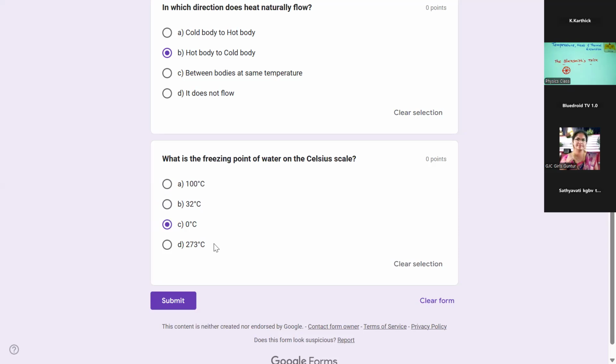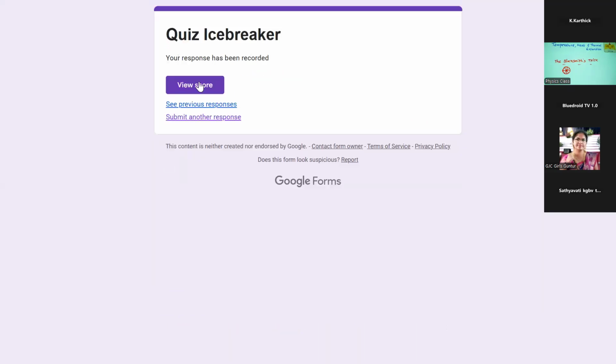The freezing point of water on the Celsius scale is 0 degrees Celsius.